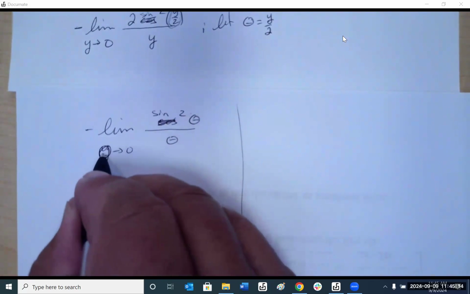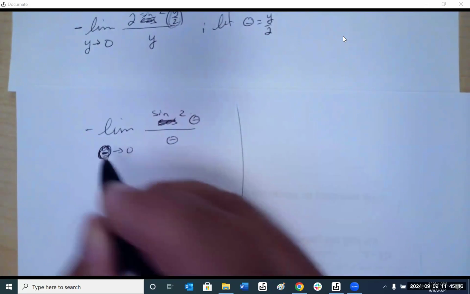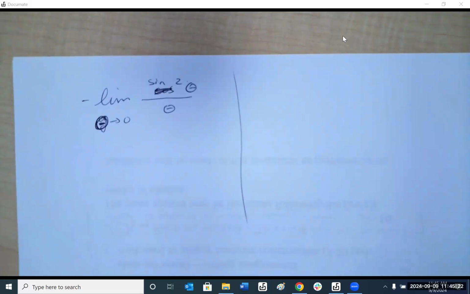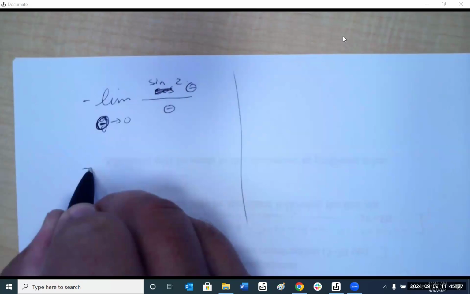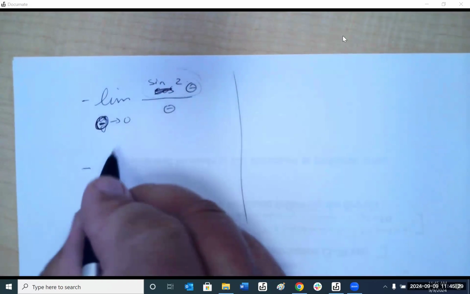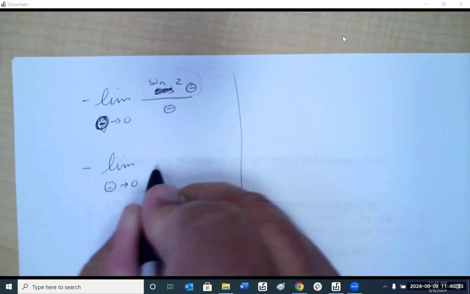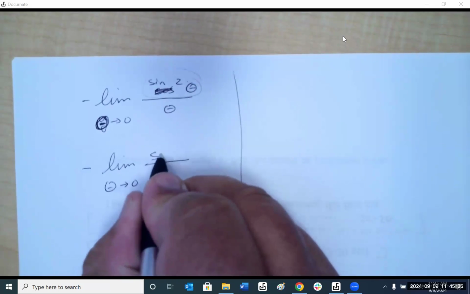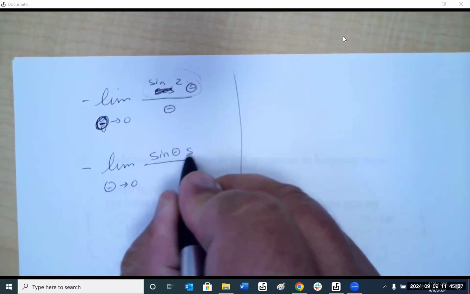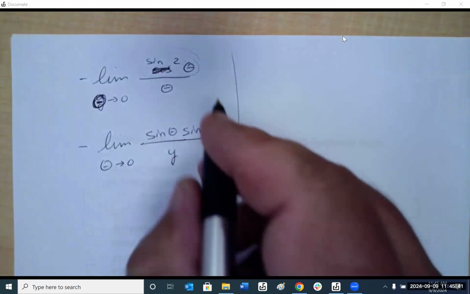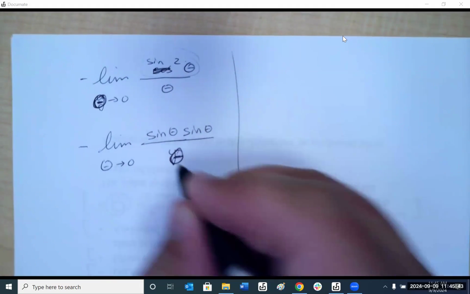So now this is going to be for theta going to 0. We can rewrite this one as sine theta times sine theta over theta.